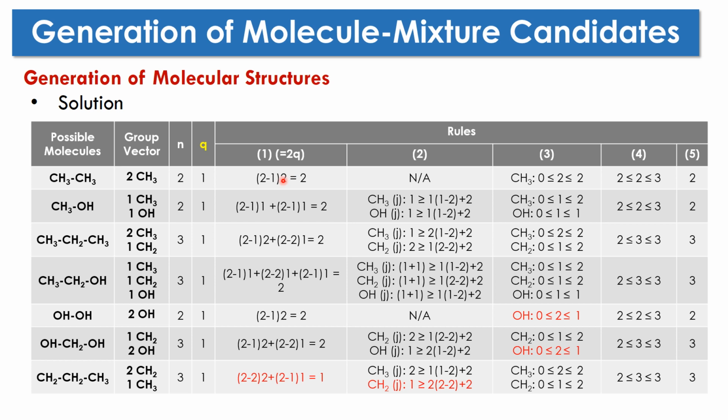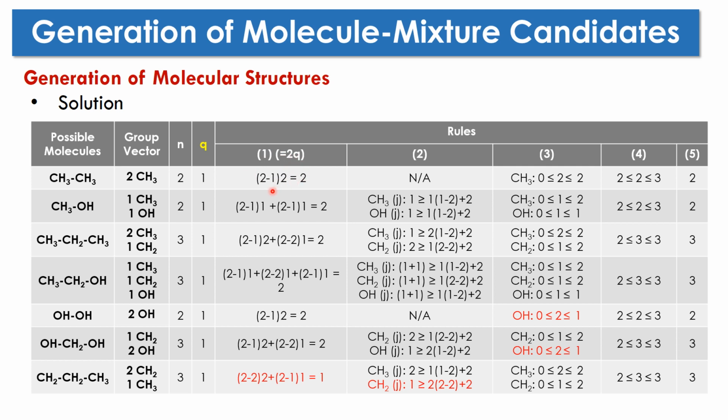So the equation needs to be equal to 2q. So since q is equal to 1, then the equation needs to be equal to 2. Okay, and we need to sum that term for all the groups appearing in the molecule. But in this molecule, there's only one group, so that's why this term is only 1.